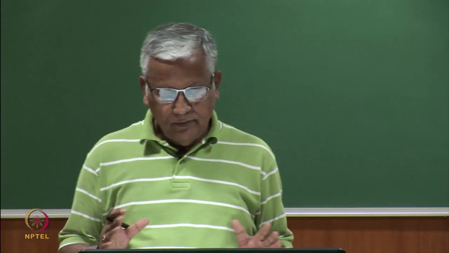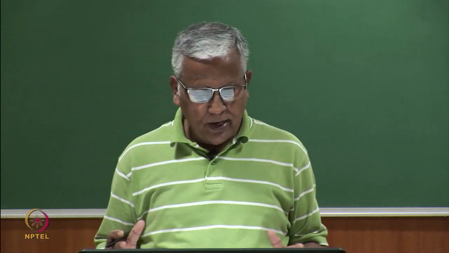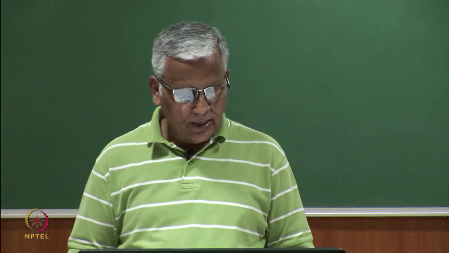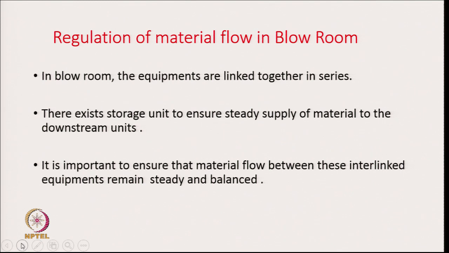Now, the blow room line being quite long and there are so many machines which are connected together, there is a storage unit within the line to ensure steady supply of material to the downstream units.